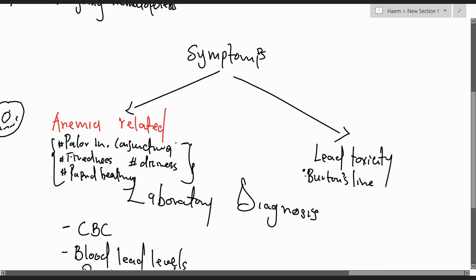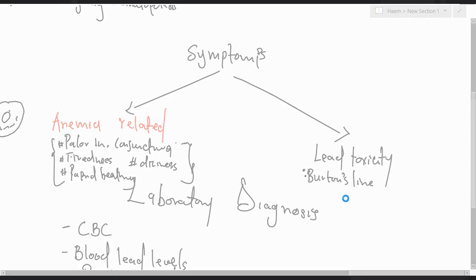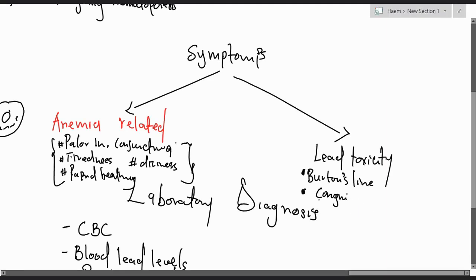In this case, it can cause cognitive dysfunction, etc. So mostly the person begins to have some neurological dysfunction and sometimes renal dysfunction.